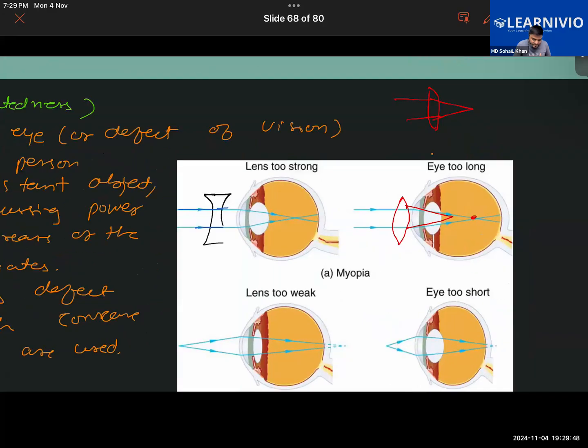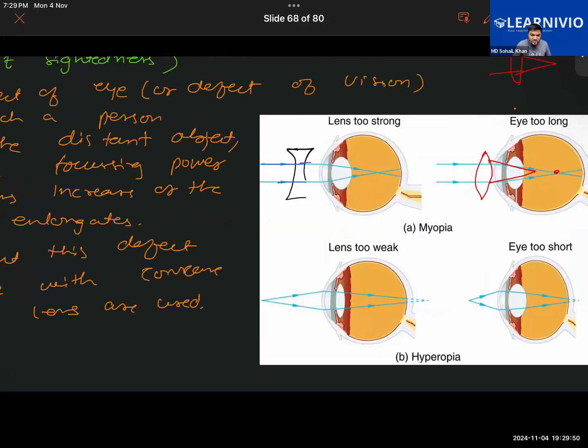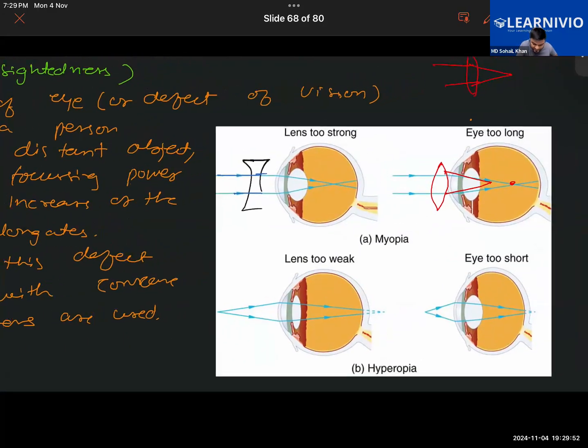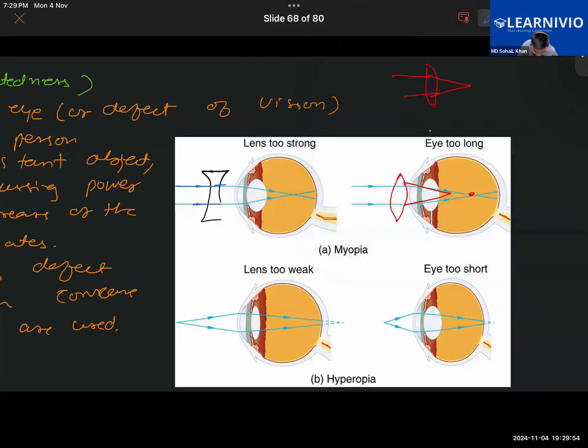But suppose the rays of light were to diverge a little bit, and instead of converging here, they were to converge here. Will the defect be cured or not? The problem will be solved. We need to diverge the rays of light from their original path a little bit, isn't it?